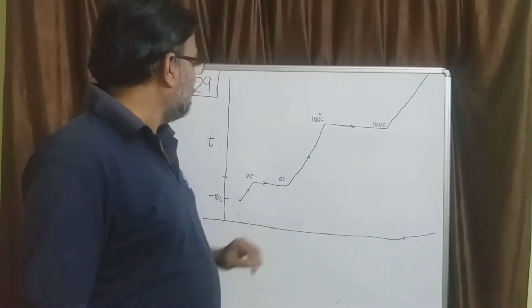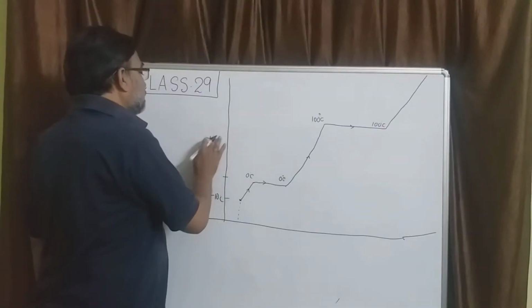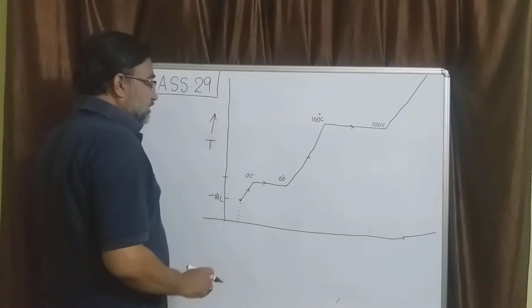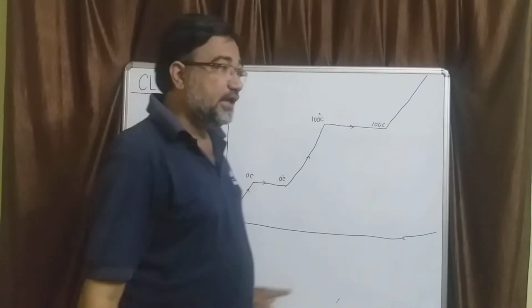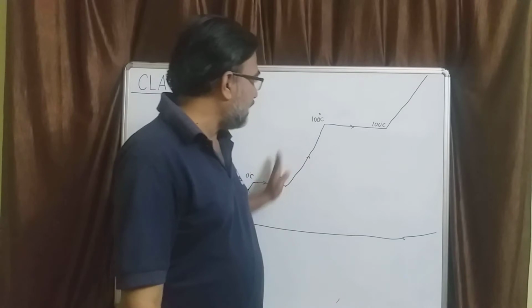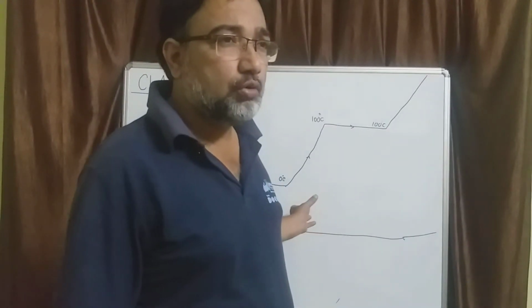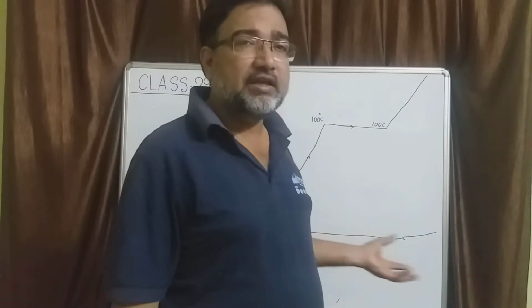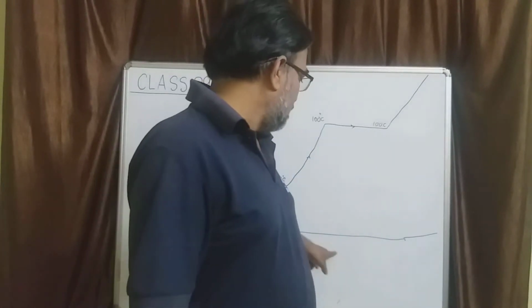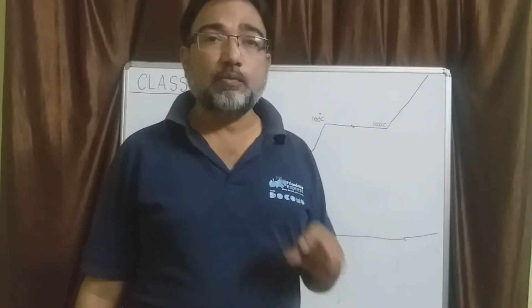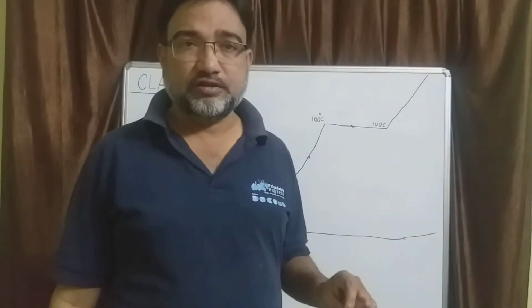Now if we take temperature on the y-axis, what should we take on the x-axis? On the x-axis we can take time, because with time this change is taking place. But if I want to place a thermodynamic property on the x-axis, which thermodynamic property should I place?